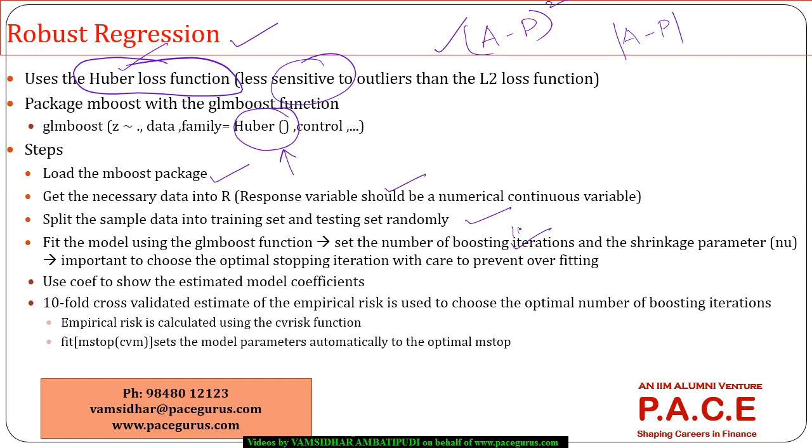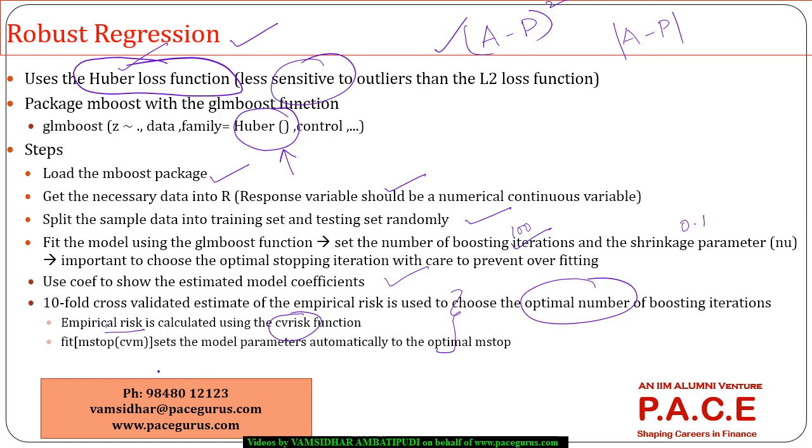We have set how many boosting iterations initially, what the shrinkage parameter is, got the coefficients of the model, and done the tenfold cross validation, which will help me identify the optimal number of boosting iterations required. So we are computing the empirical risk using the CV risk function. Based on that, we will see at what number of iterations the error is the least possible.